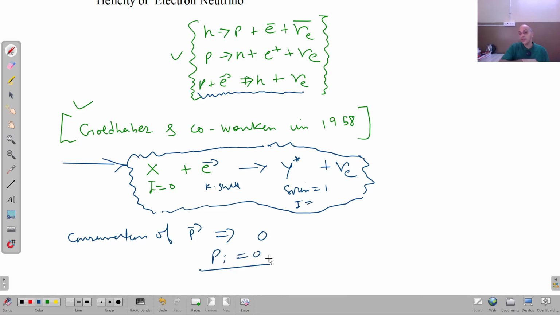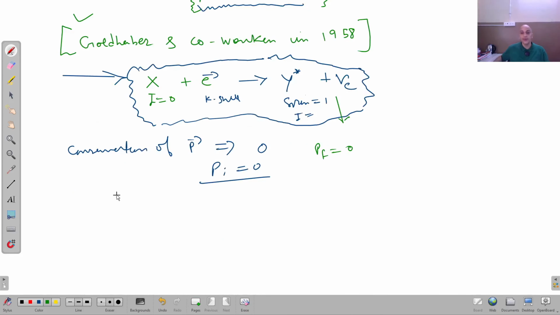Now if the law of conservation of linear momentum is obeyed, then the P final, the linear momentum of the final state, must be equal to 0. The sum of the linear momentum of these two particles must be equal to 0. What did I get from here?